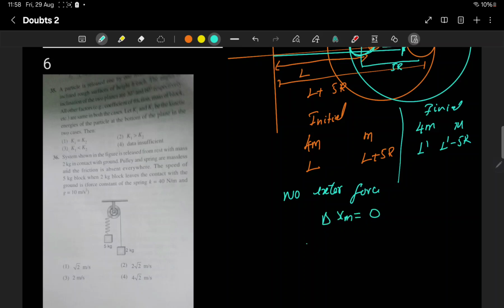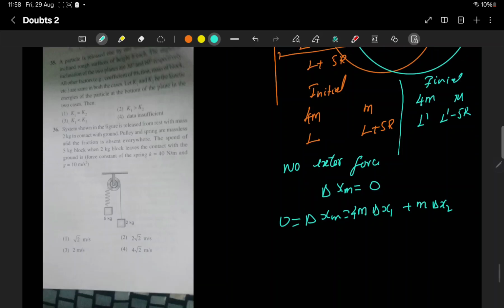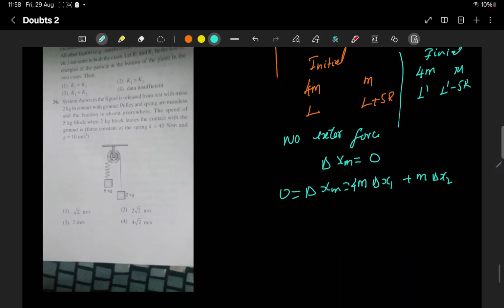So delta x of the center of mass is 0, which means m1 delta x1 plus m2 delta x2 equals 0. So 4m into delta x1 plus m into delta x2 is 0, and 4m into delta x1 equals m into delta x2, in magnitude. The m will get cancelled, so 4 into delta x1. What is the change in x1? Here it is L prime.